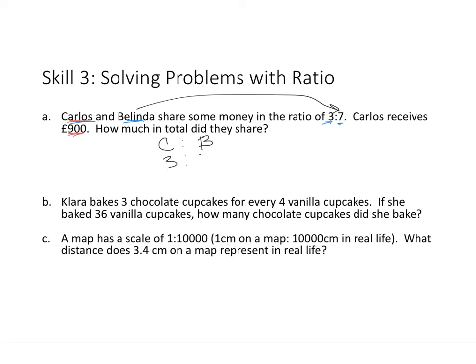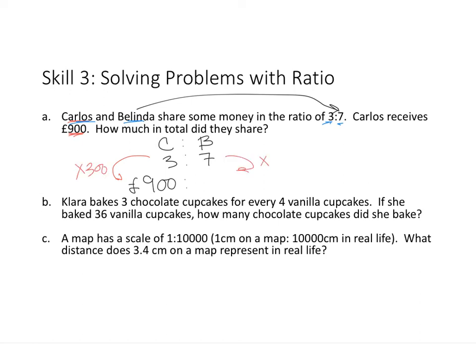3 to 7. Now here, Carlos receives 900. So under Carlos, I'm going to write 900 pounds. So if we know Carlos receives 3 pounds for every 7 that Belinda receives, and he has a total of 900, 3 times what makes 900? 300.